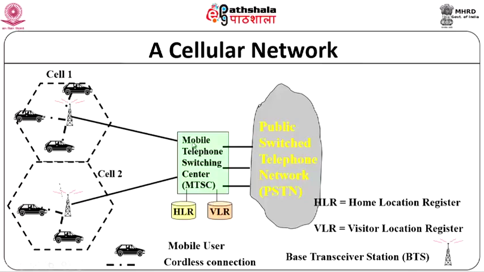Okay. And then this MTSC will be connected to the public switched telephone network, the PSTN, which is now connected to the rest of the different other networks. It is only through the MTSC that you get connected to the PSTN and you are able to make calls to other telephone networks. Okay. So, this is the basic structure.